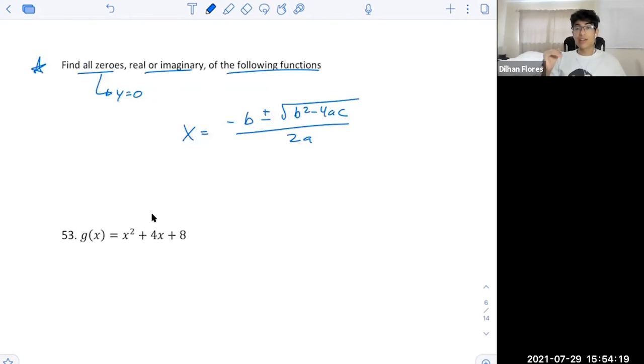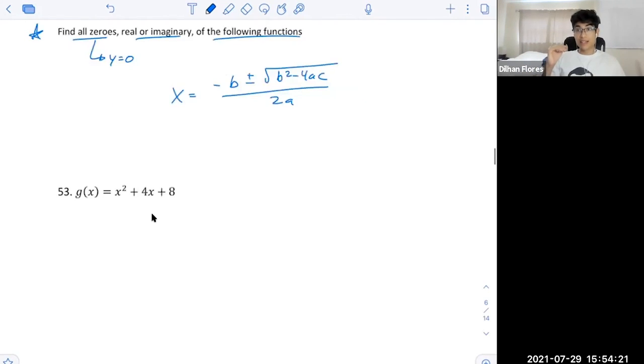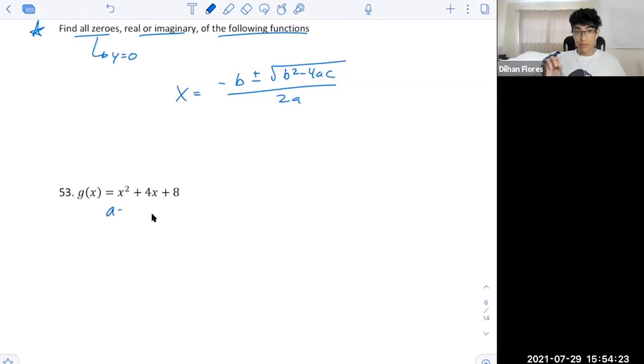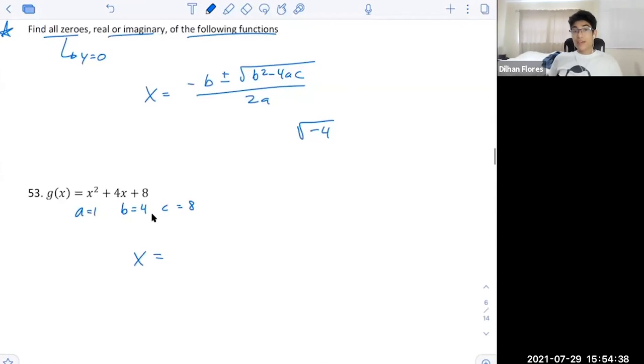The key here is whenever you have a negative number under a square root, so give me a square root of -4, for example. All you got to do is pull out an i to get rid of the negative.